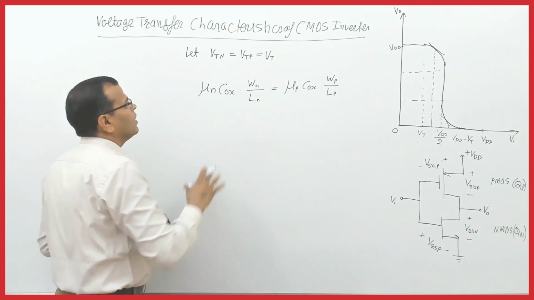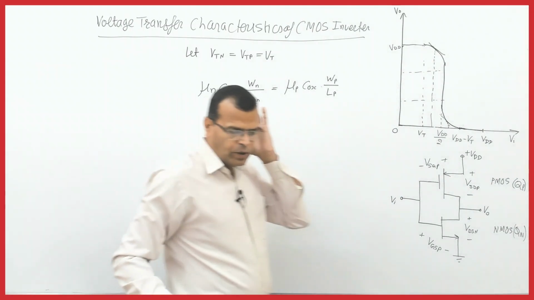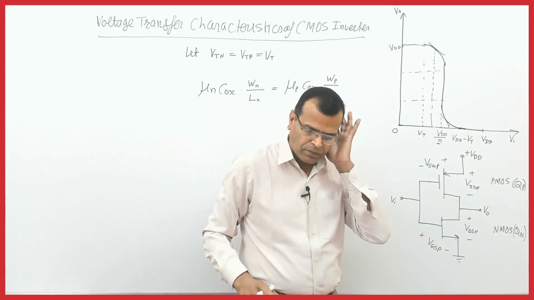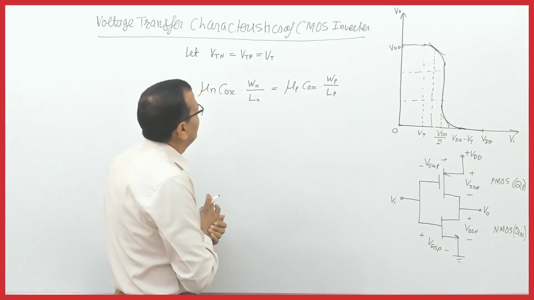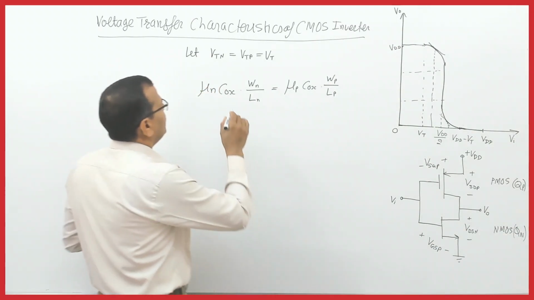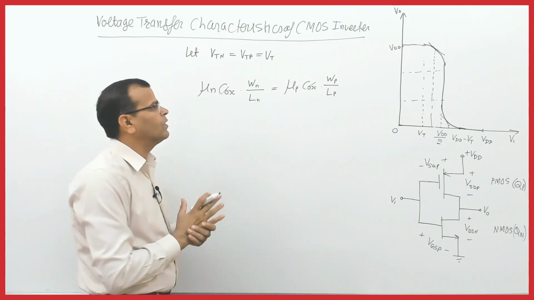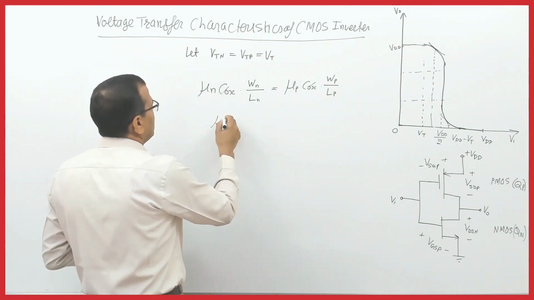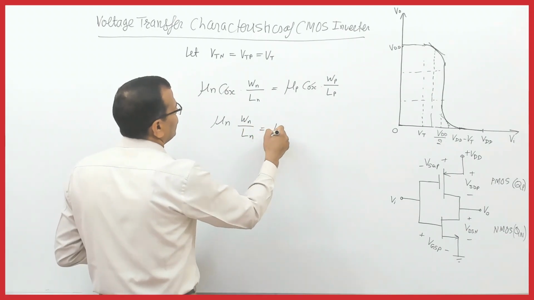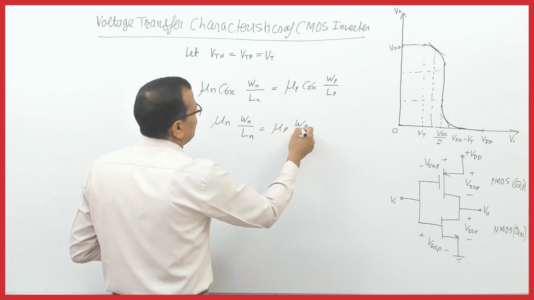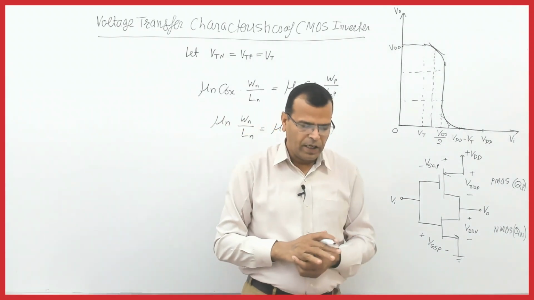I will be using subscript small n and p. Fine. This is what the assumption is. So here, if this is the same, the C naught x will get cancelled out, assuming the same capacitance. So mu n Wn by Ln is equal to mu p Wp by Lp. This is what we have.